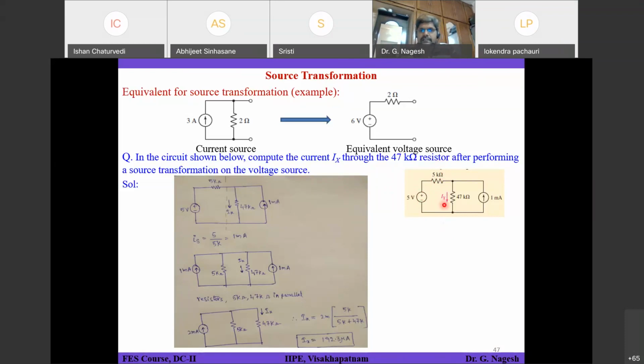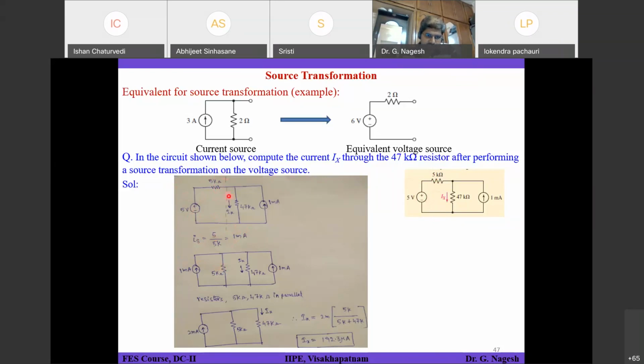The equivalent current source will be 5 volts divided by 5 kilo ohms, and I will have a parallel resistor of 5 kilo ohms. So 5 volts divided by 5 kilo ohms will be 1 milliampere, in parallel with this 5 kilo ohms.